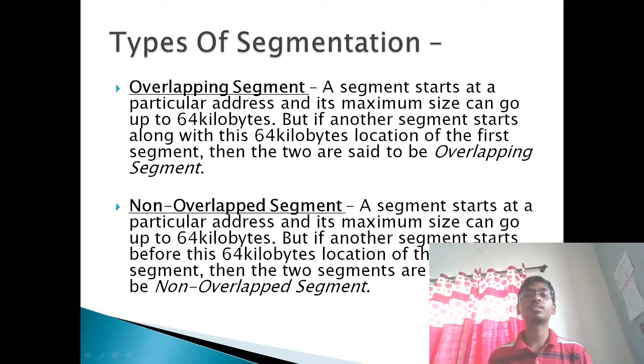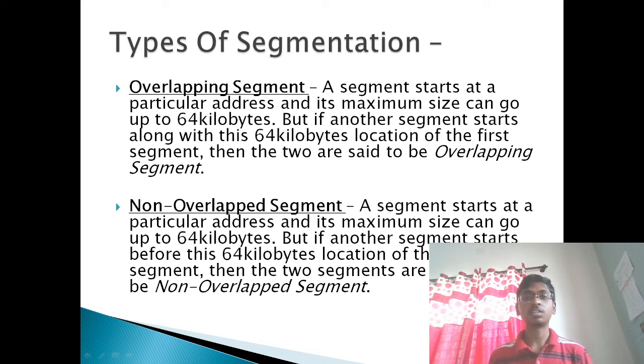But if another segment starts within the 64 kilobytes location of the first segment, then the two are said to be overlapped segments. We already know this word, overlapped means overriding. So this is the definition of an overlapping segment.